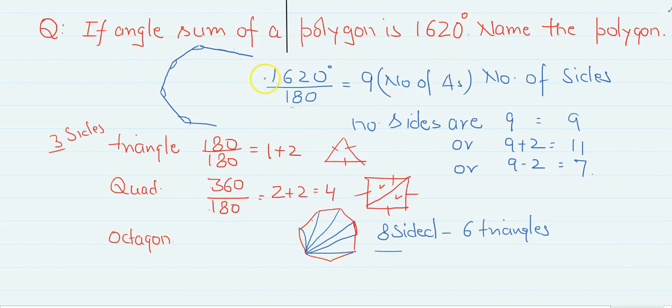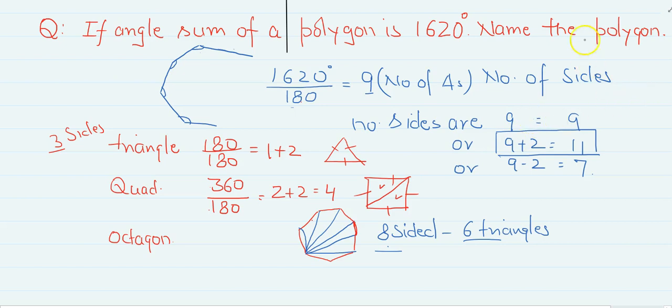If angle sum is given, you divide it by 180, so you will know how many triangles are there. So in this case, you will get 9 triangles. In the example, there were 6 triangles, so 8 sides were there. So 9 triangles means you are having an 11-sided polygon.